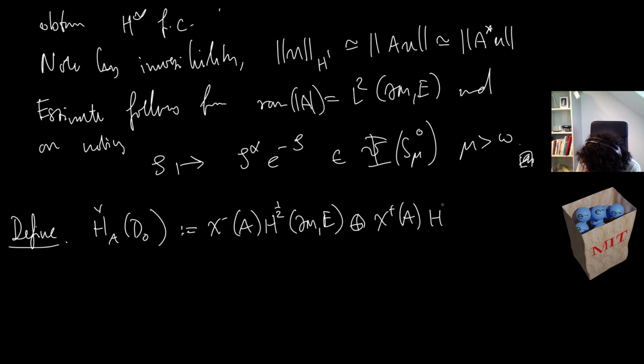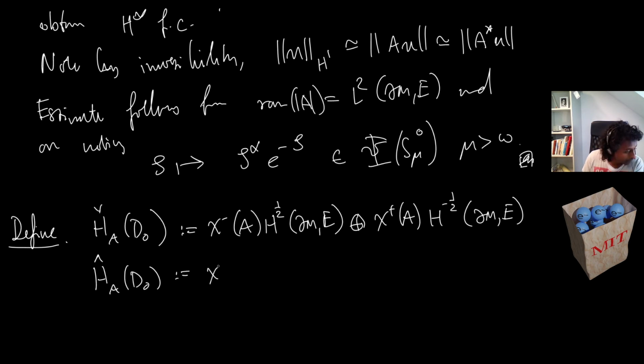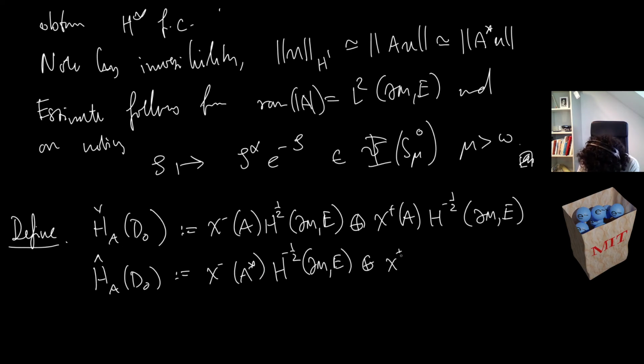And H hat of A, d naught, is chi minus of A star H minus a half of partial M, E, plus chi plus of A star H a half of partial M, E. Okay.